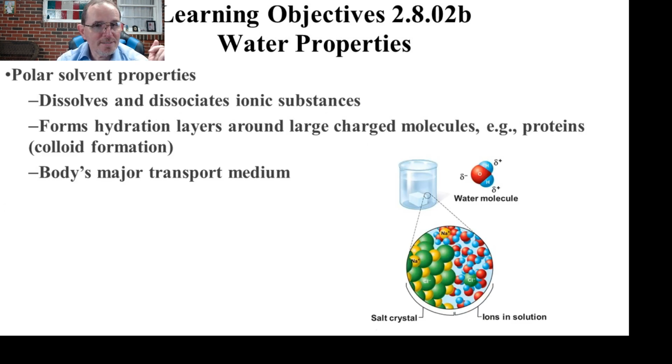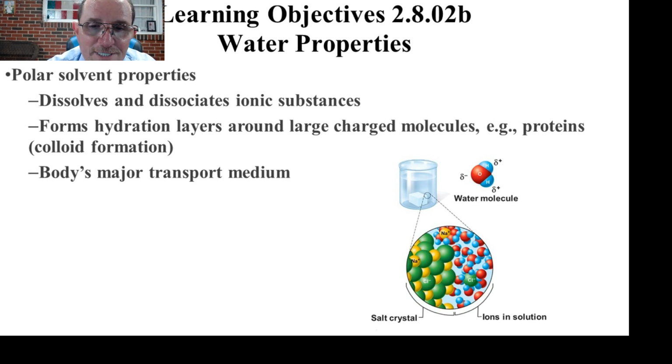Okay, guys. Polar solvent properties. Water is called the universal solvent. In other words, more things will dissolve in water than anything else. So there's our salt, and as soon as it gets in water, the sodium is positively charged, so it is going to separate from the chlorine, and those oxygens, which have a partial negative charge, are going to surround the sodium.